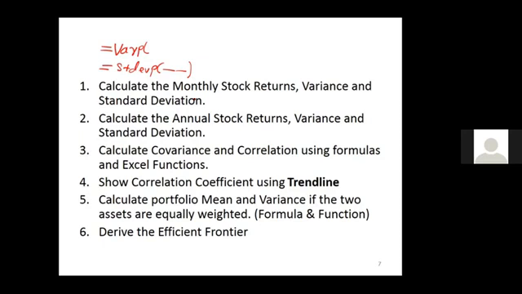But when you get the annual standard deviation, we do not multiply the standard deviation by 12. In this case, annual standard deviation equals SQRT of the annual variance value, the standard deviation of the annual variance.